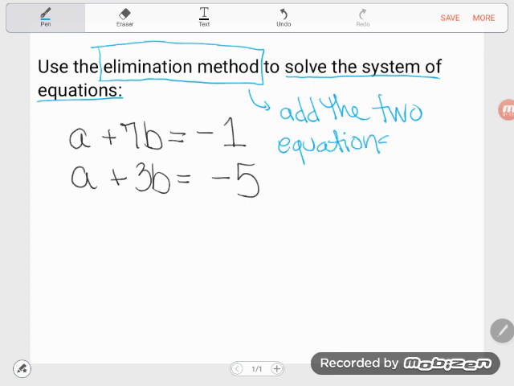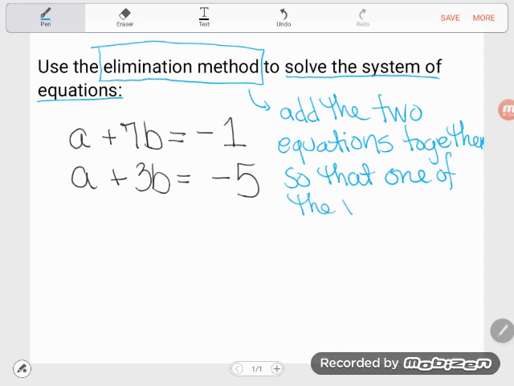That's why we call it the elimination method. Hold on, let me finish writing. Add the 2 equations together so that one of the variables is eliminated. It cancels, it goes away. Reminds me of when we're solving linear equations back on the GED.